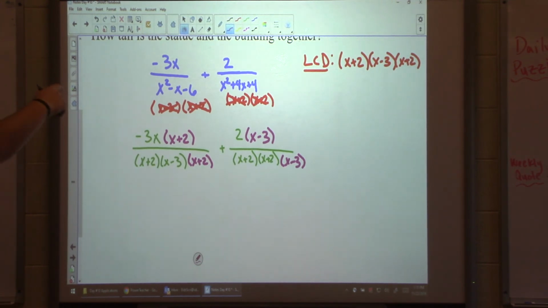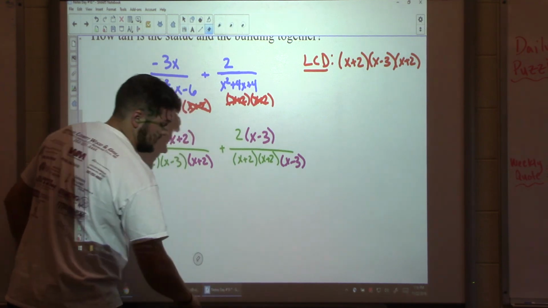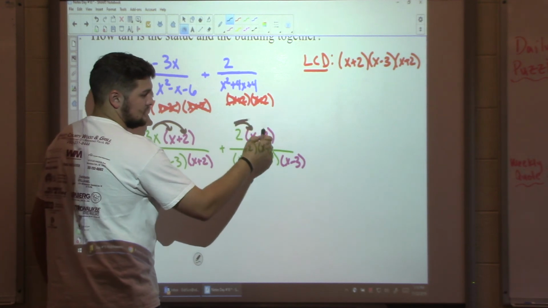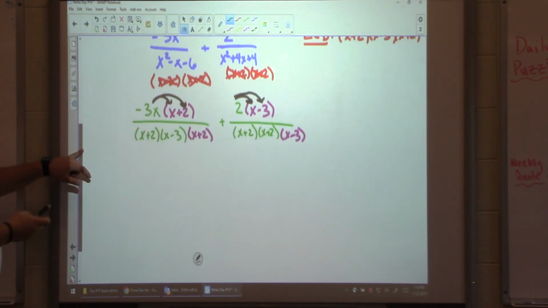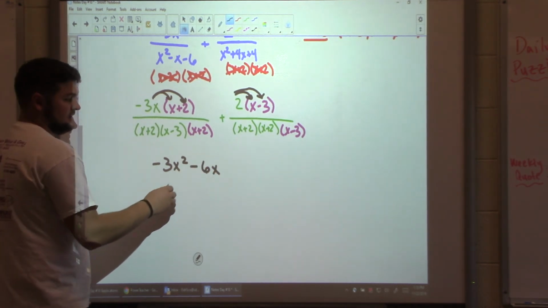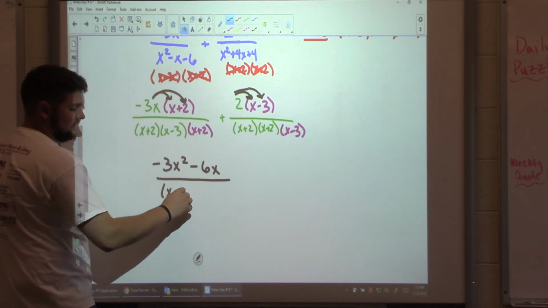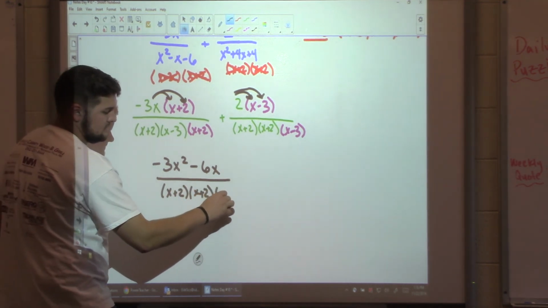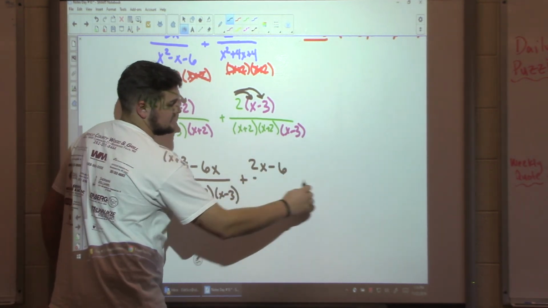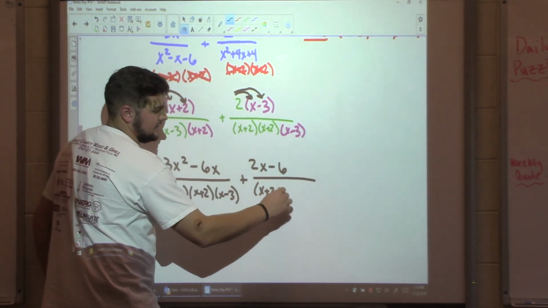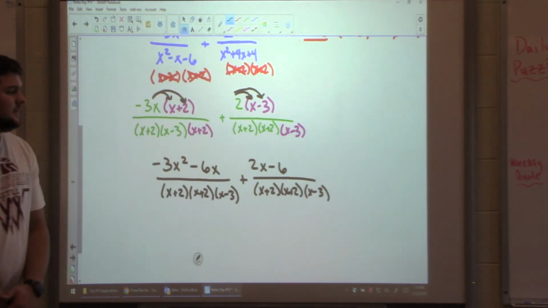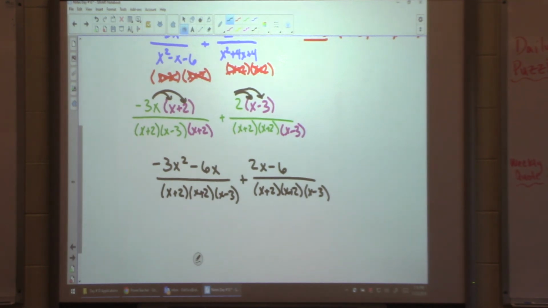On the top, however, we're going to distribute into these parentheses. So I should get negative 3x squared minus 6x over my denominator, plus 2x minus 6, same thing, over my denominator. Do I have common denominators now?